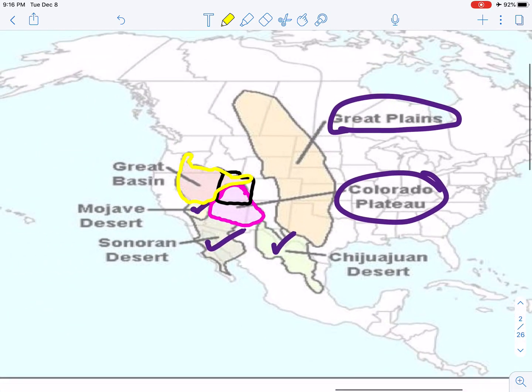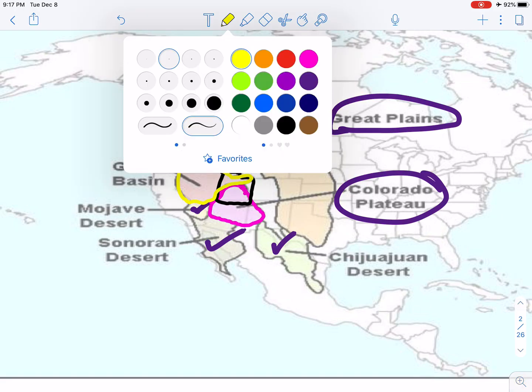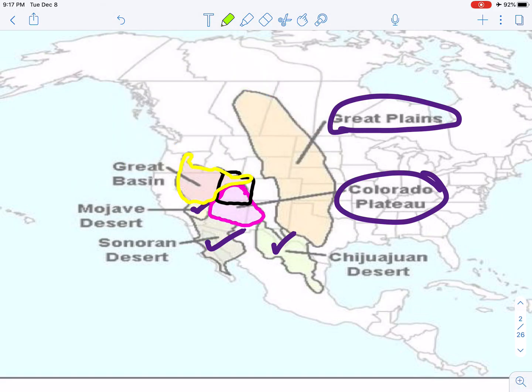Knowing what I know about deserts, do deserts have grass? Are they a grassland kind of thing? Not really. However, we do want to include it because it could be quite dry and could have some similarities to other deserts. So we are going to include it, however, we won't focus on it.